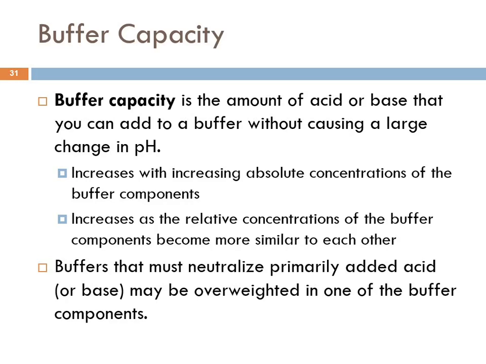And so those might be overweighted in one of the buffer components. If you know that the biggest challenge to your buffer is going to be acid, then you're going to want your base concentration to start out higher than your acid concentration, maybe even close to almost 10 times higher. Whereas if you're going to have to neutralize a lot of base, you'd want it the other way around.